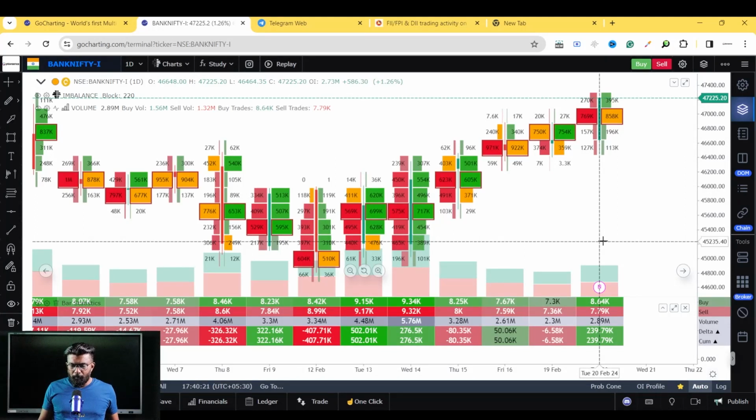So order flow is kind of indicator which we have been using for almost 1 month, and we are seeing that it is giving a good indication of what might happen, what might not happen, whether this breakout is a fake breakout or genuine breakout, or whether this breakdown is a genuine breakdown or fake breakdown. So it is giving a good insight of what is happening in the market, right?